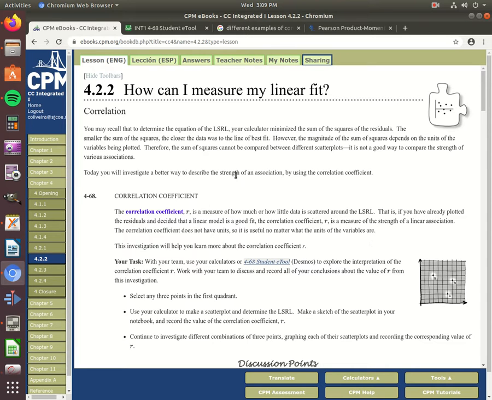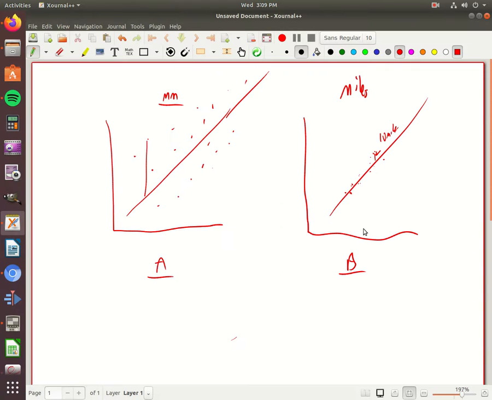So we can compare here, and maybe we'll see that this has an R of 0.95 and this has an R of 0.7. So even though these are technically larger distances, it gives us a comparison to say that this has a stronger correlation than A does.